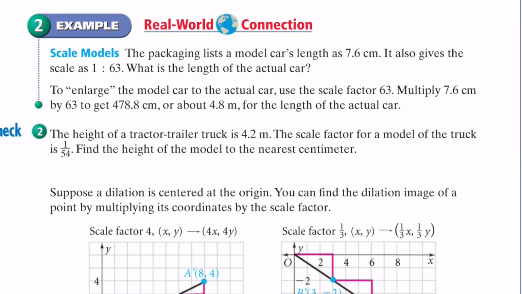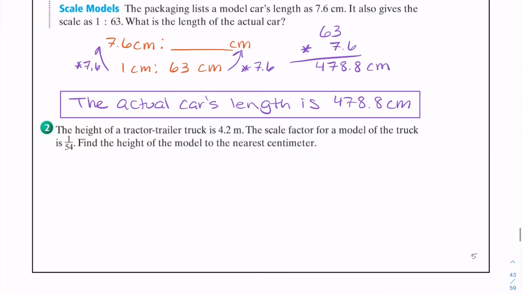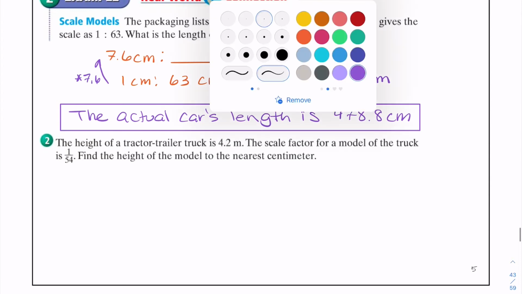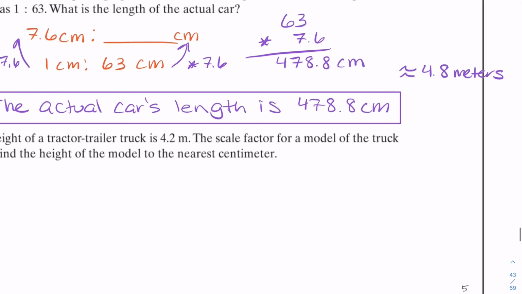I'm doing my algebra wrong. 100 centimeters in a meter, not 1,000. 4.8 meters. That's what they want. So that was my point, let's make this realistic here. So we could even say approximately 4.8 meters. All right, that makes way more sense.